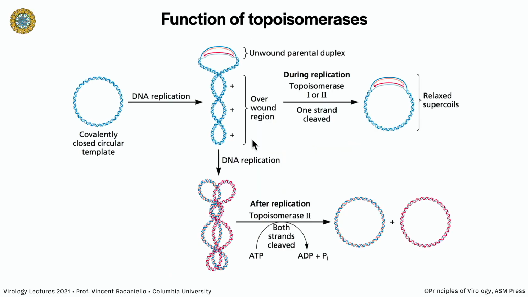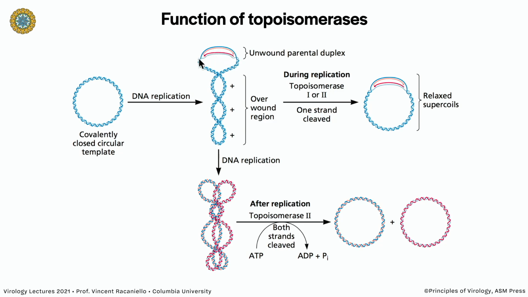Now, when you get to the end, or even before you get to the end, that's when enzymes called topoisomerases come into play. So here we have our original covalently closed circular template. You undergo DNA replication. We're unwinding the duplex, and then we're making new strands.